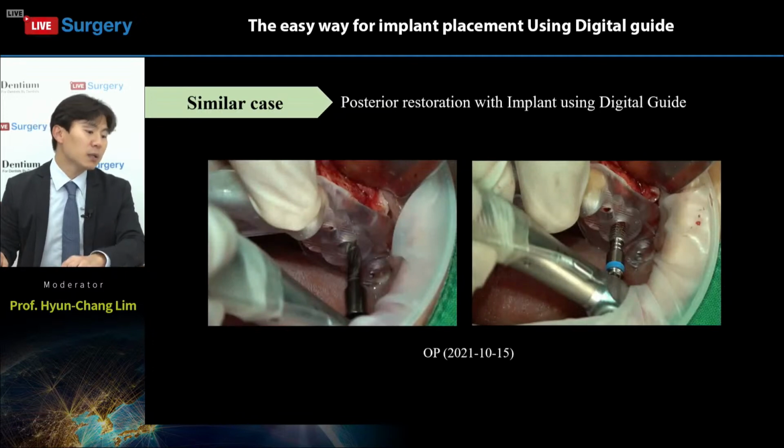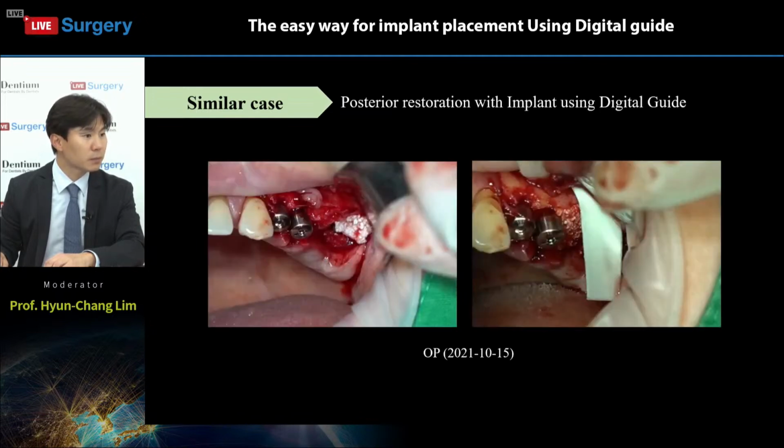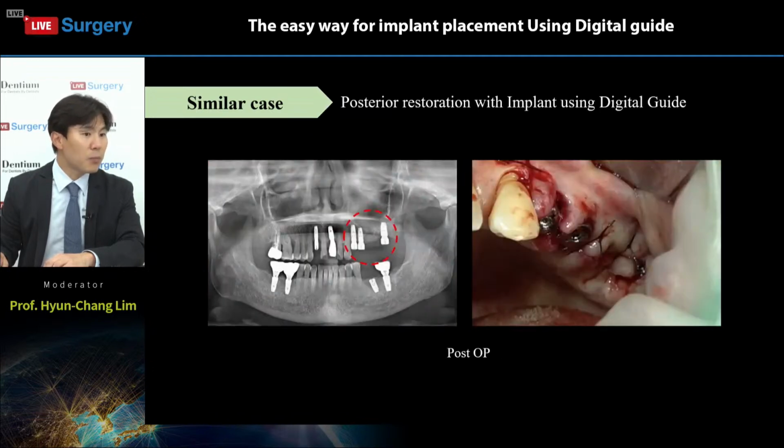And using a digital guide, the implants were placed in an appropriate position, like that. And then bone augmentation using Osteon 3 collagen and collagen membrane was done for the 26 area. And for all implants, submerged healing was applied. You can see the healing abutment fixed on the picture area.